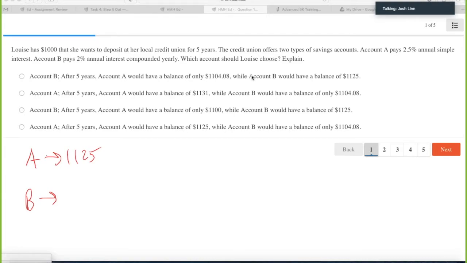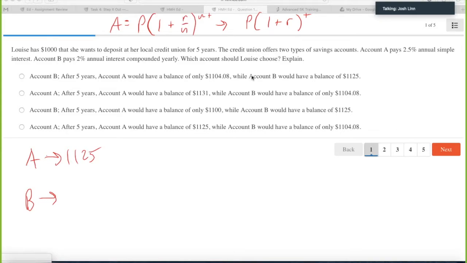Remember, our formula for interest is A, which is the total amount at the end of the time period, equals P, which is your principal, times 1 plus your rate over n, where n is the number of times per year, to the power of t. In this case, n is 1, so we can just use P(1 + r)^t.